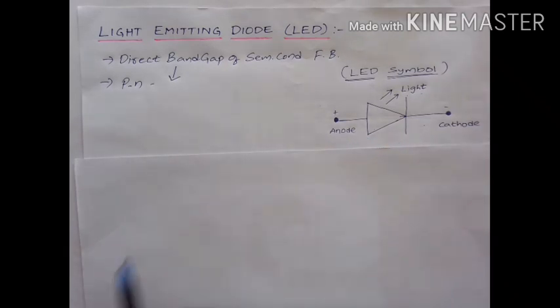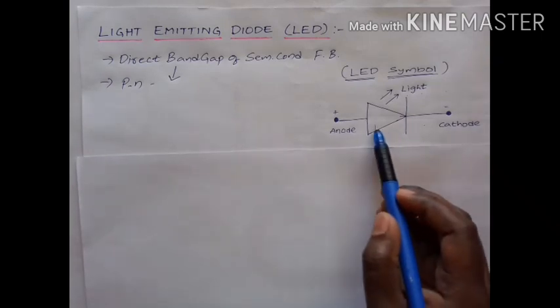Why? Because we have learned the concepts of the PN junction in previous classes, that a PN junction conducts only in forward bias.